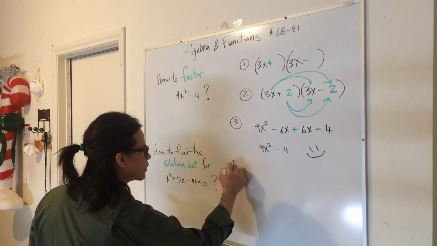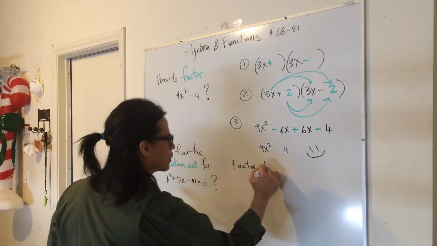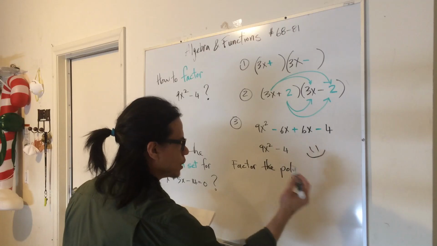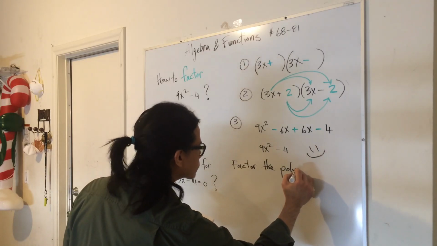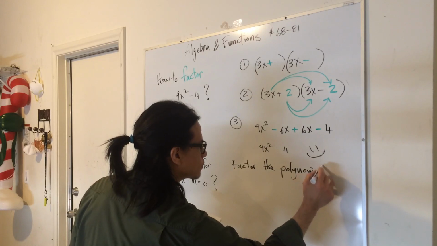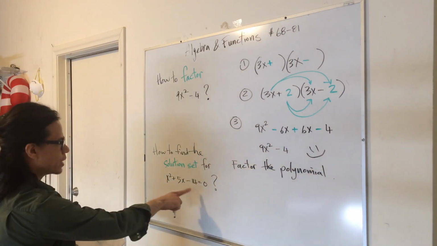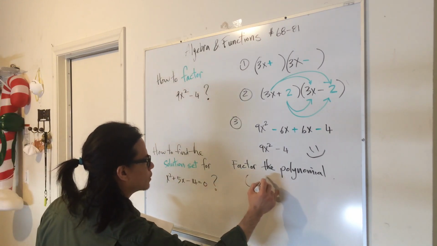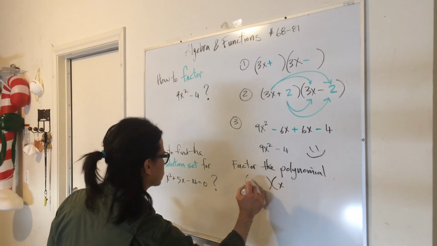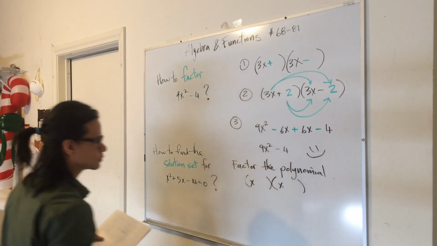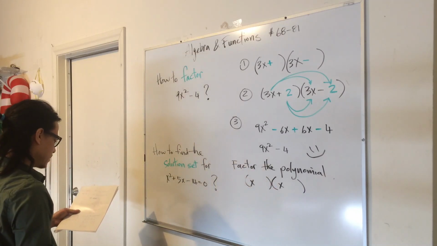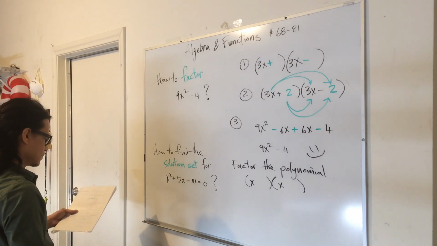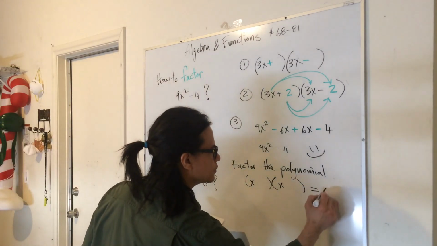So what you're going to do is factor, there's that factor word again. We're going to do the opposite of foiling. So we're going to break that polynomial down into two pieces. So I'm going to set it up like that. Equals 0.